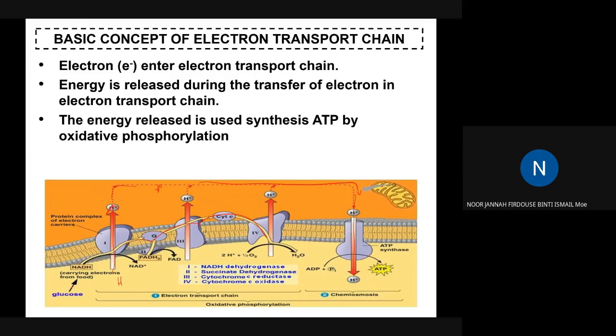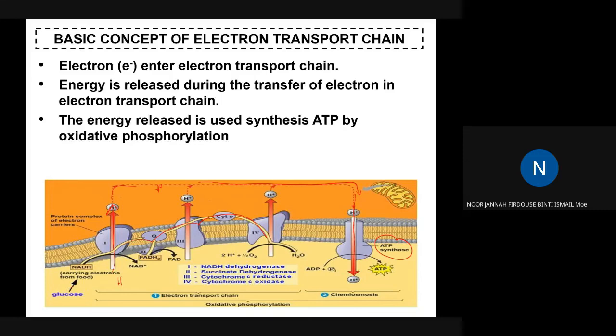Pergerakan hydrogen ion masuk ke dalam matrix of mitochondria hanya melalui satu laluan saja, iaitu melalui enzim ATP synthase. Ingat, ATP synthase bukannya komponen ETC, tapi ia juga adalah protein integral pada membran. Tapi fungsi dia hanya untuk menghasilkan ATP sahaja.